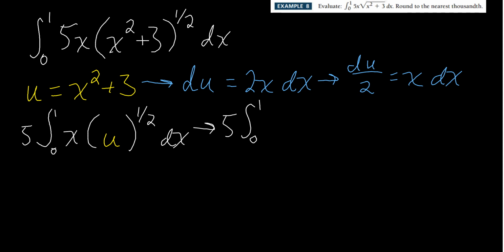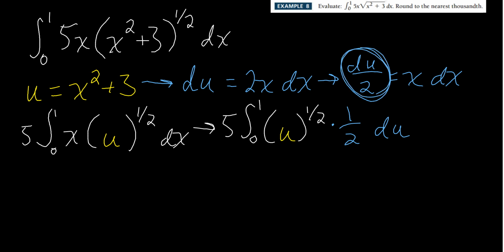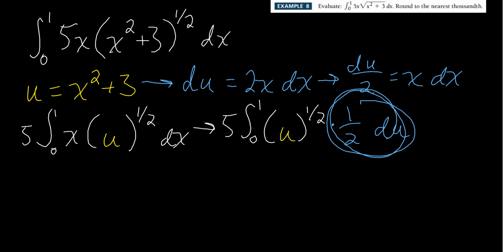Or I'm going to rewrite this nice and neat. So I've got u raised to the 1/2 power, times 1/2 du. Okay, and again, I just took this du and split it up already into 1/2 times du.